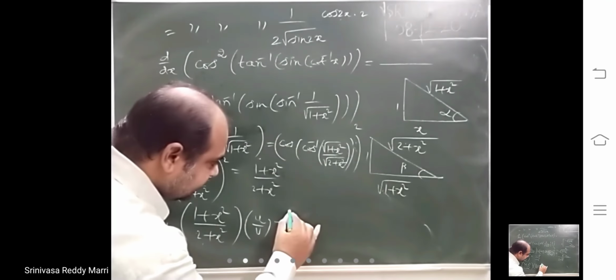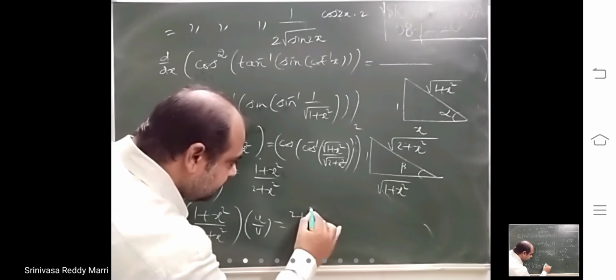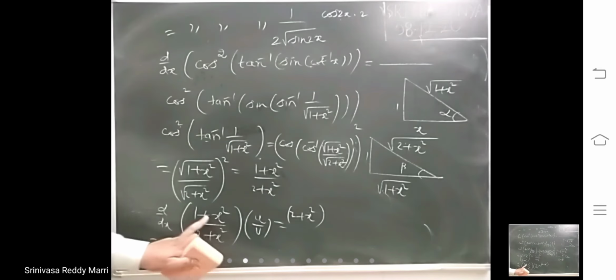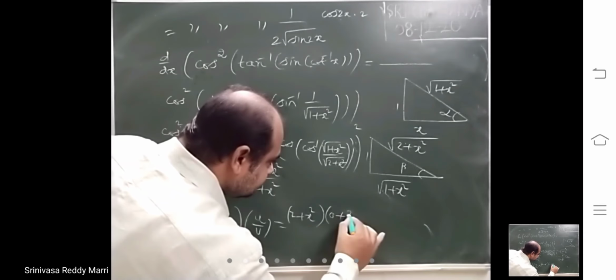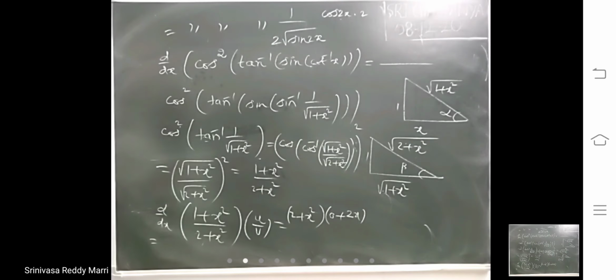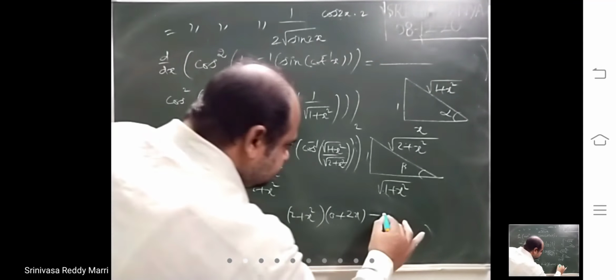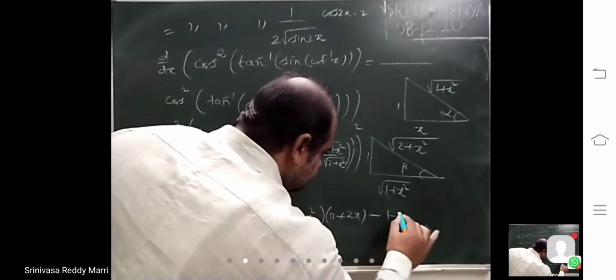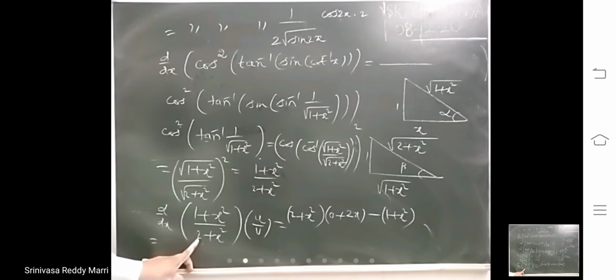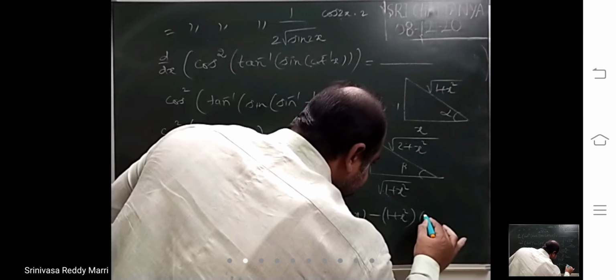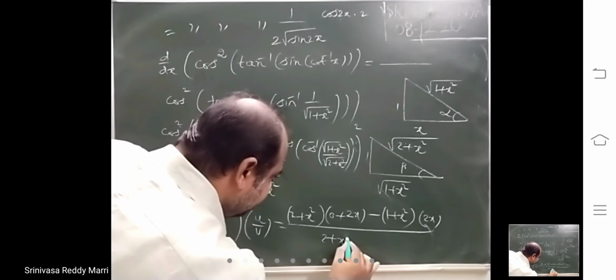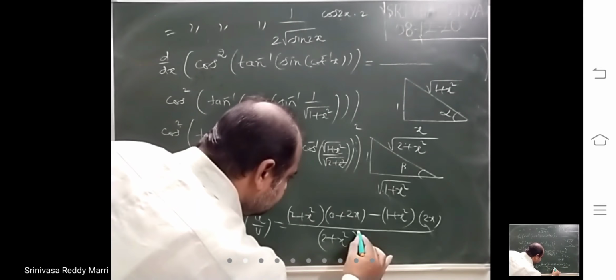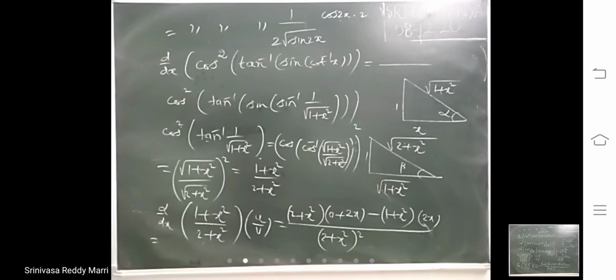So that means v, 2 plus x square, into derivative of u: d by dx of 1 plus d by dx of x square, 0 plus 2x, minus u, 1 plus x square, into derivative of v: derivative of 2 is 0, derivative of x square is 2x, divided by v square, 2 plus x square whole square.